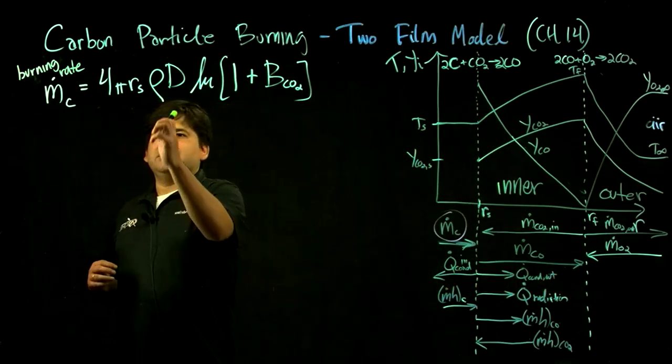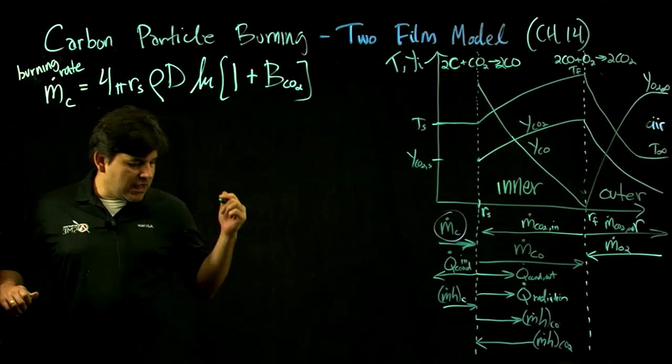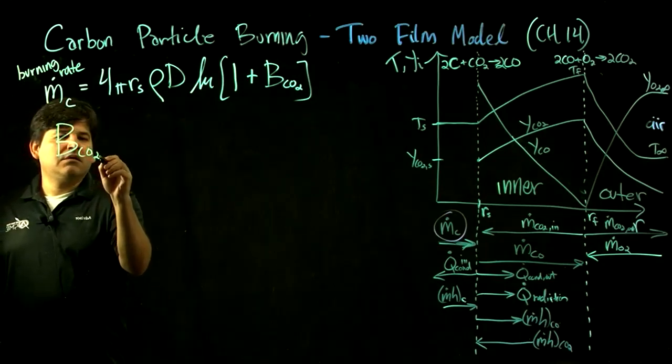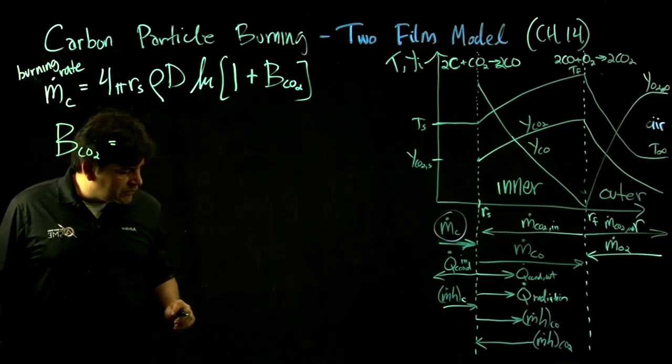And at the end, we get this compact expression, and this ratio, this B transport number, it's related to CO2.